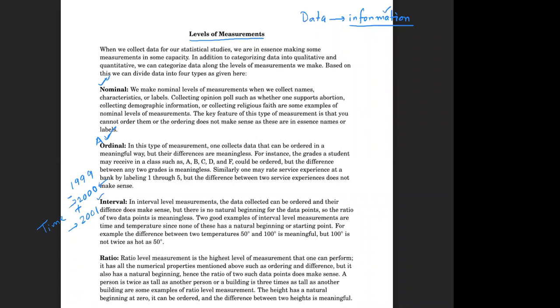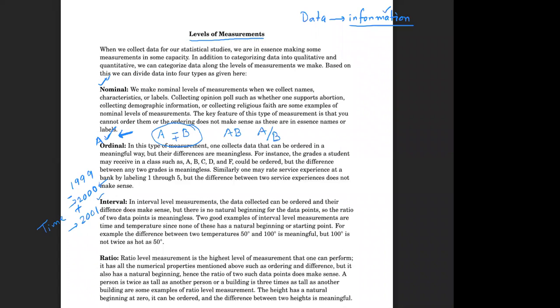But on the other hand, if you go back here and say Ali got A, or he could get B, so A minus B or A plus B, that does not make any sense whatsoever. Adding and subtracting or multiplying two grades, like A times B or A divided by B, does it make any sense in terms of grades?